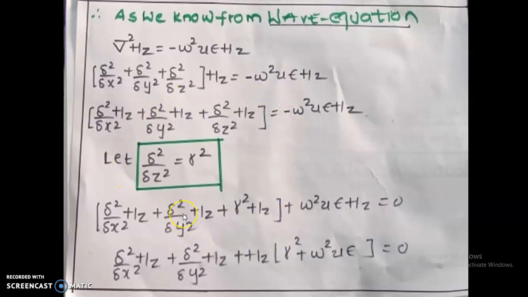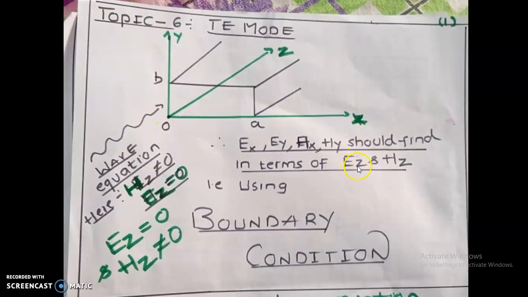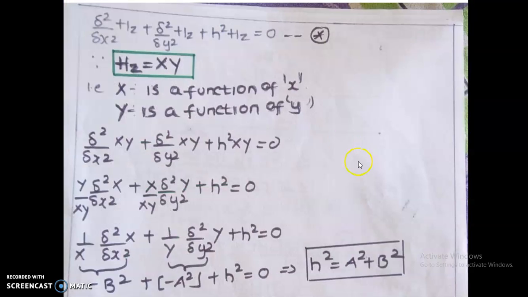So now I'll go directly: we have to find Hz, because we have to derive in terms of Ez and Hz, but Ez is 0 as per the concept of transverse. So now let us find Hz, which is a multiplication of X into Y, where capital X is a function of small x and capital Y is a function of small y, as we discussed in the previous mode, that is TM mode.